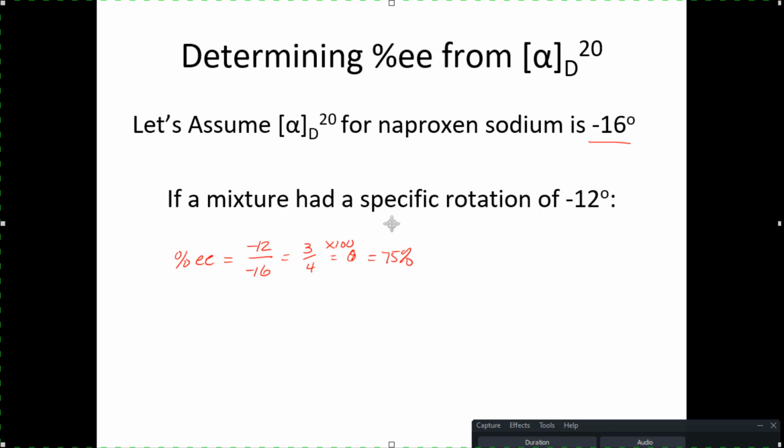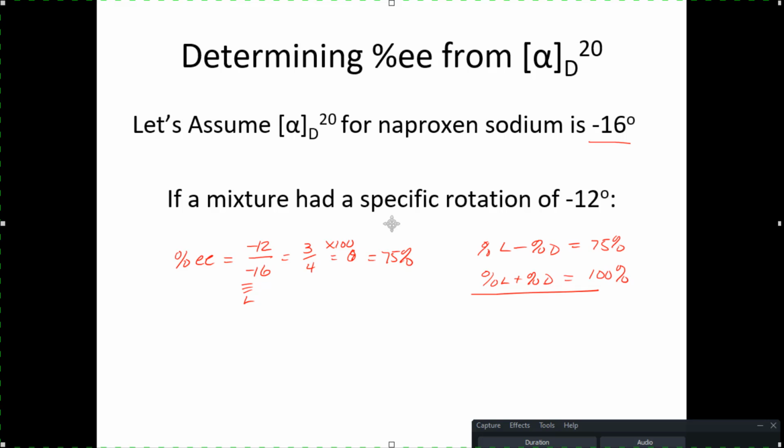And so what does that mean? That means that the percentage of, in this case, the major enantiomer, which is L, minus the percentage of the D enantiomer must equal 75%. But the percentage of L plus the percentage of D must equal 100%. So I have two equations and two unknowns, which I can go ahead and solve.